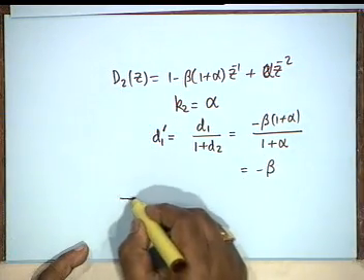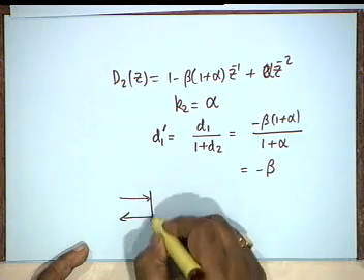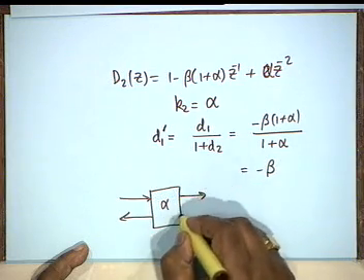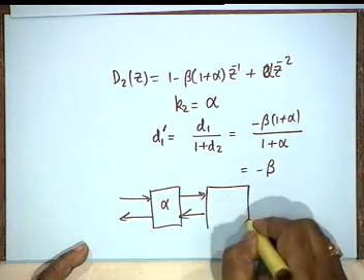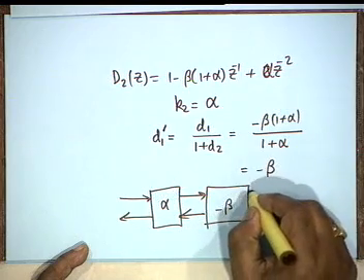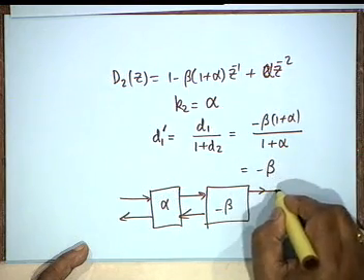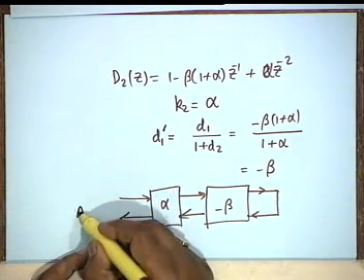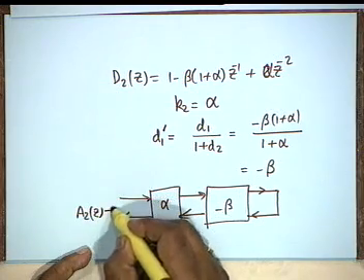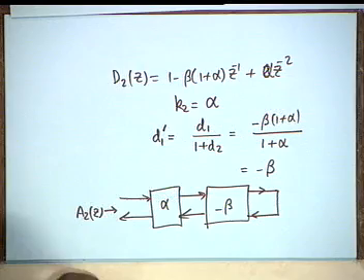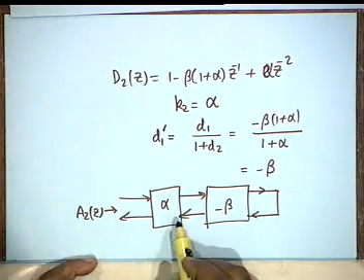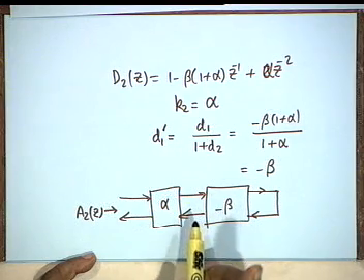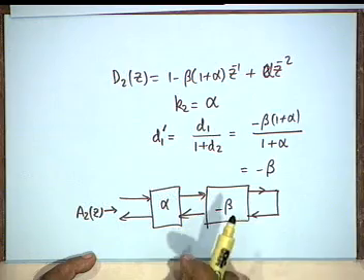In other words, what we require is a lattice with parameter alpha, the next one is a lattice with parameter minus beta, and a straight connection. This transfer function is A2(z). Each of these boxes now has to be realized by a single multiplier structure.